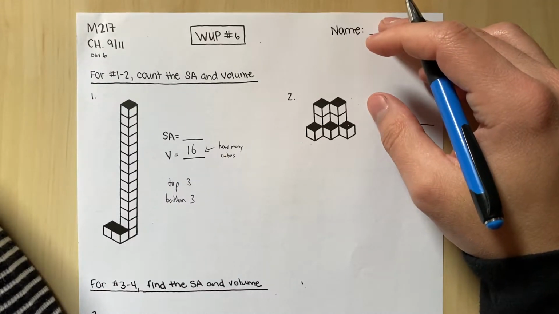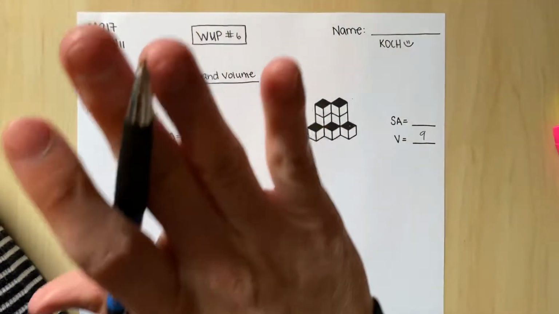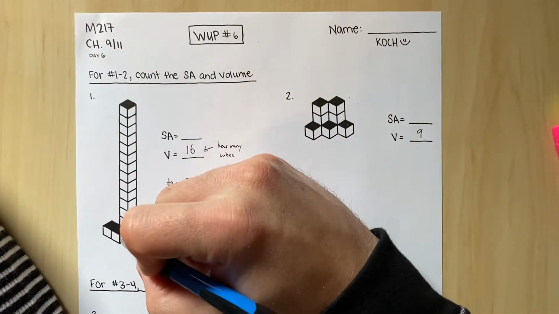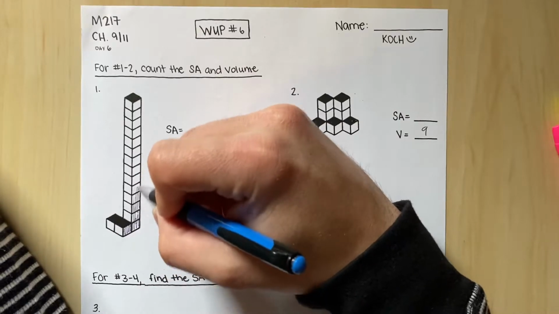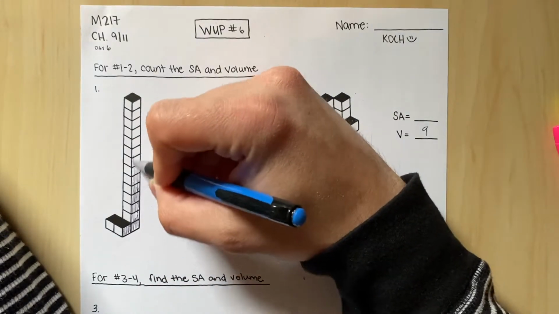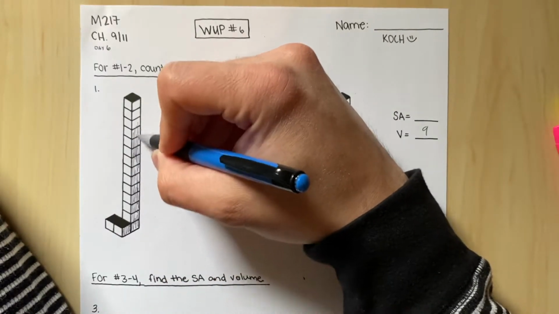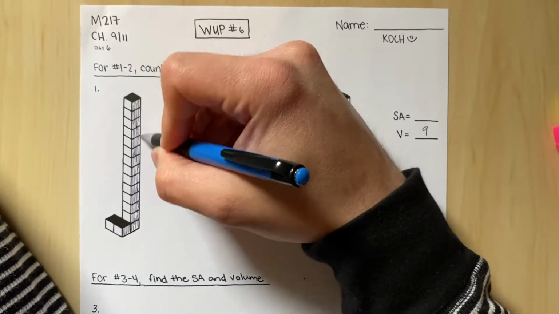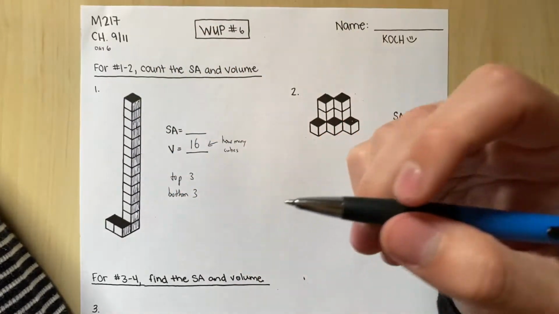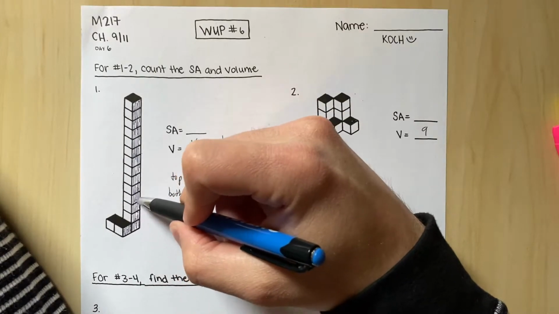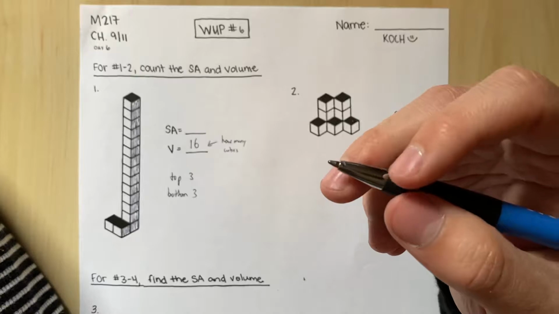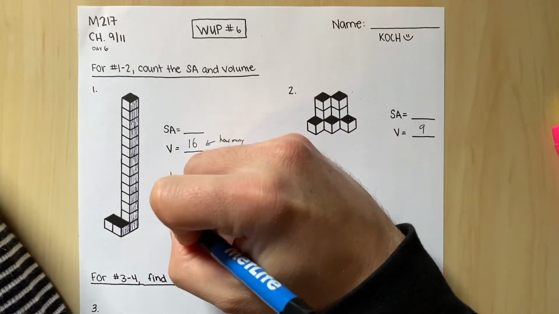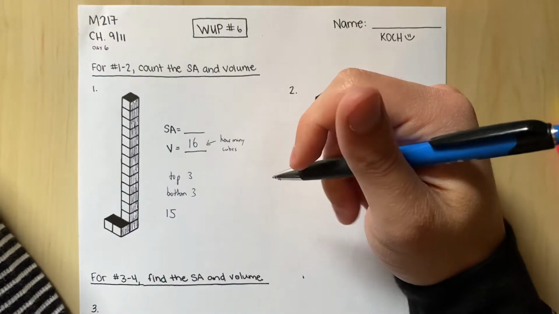Now let's think about this. If I look at this side, facing that way, and we're only able to see what I'm shading in, let's see how many there are. There's 1, 2, 3, 4, 5, 6, 7, 8, 9, 10, 11, 12, 13, 14, 15. So one side is 15 of what we shaded.